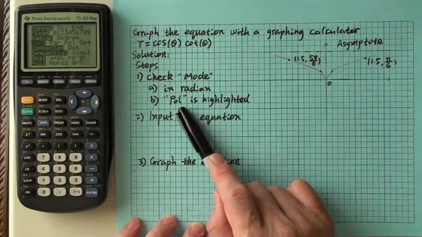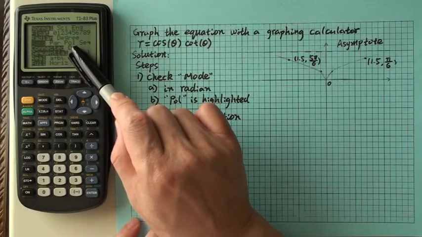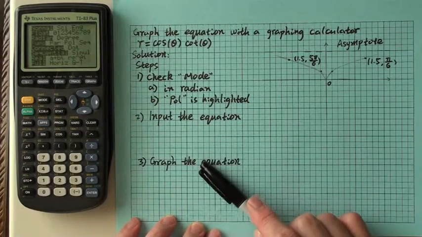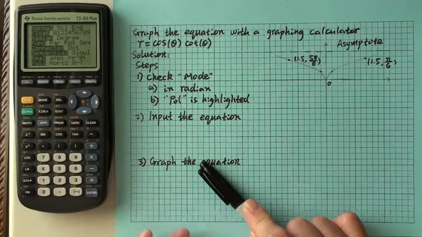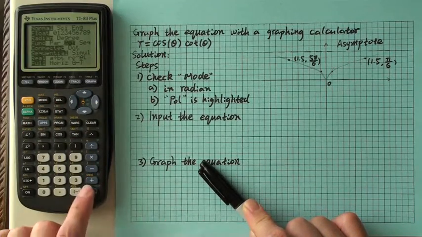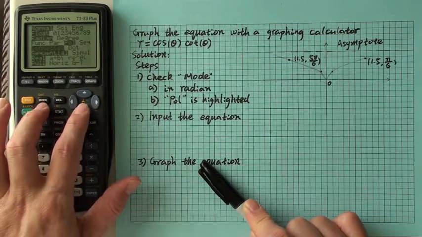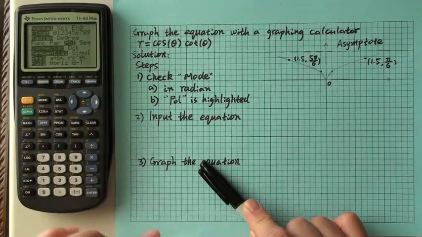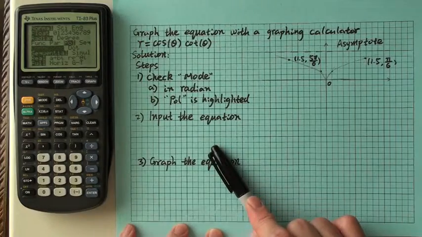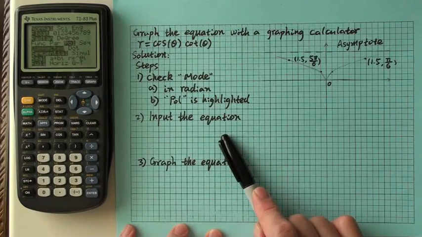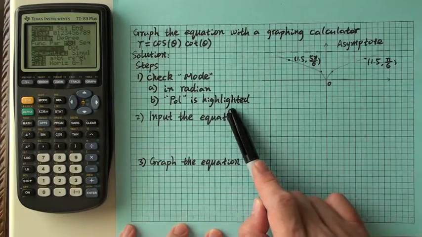But the second one you want to see is that polar should be highlighted. You see this one, POL, is not highlighted. So you move your cursor to polar and hit enter. Once you move the cursor to other places, you will see polar is highlighted. That's the first thing.